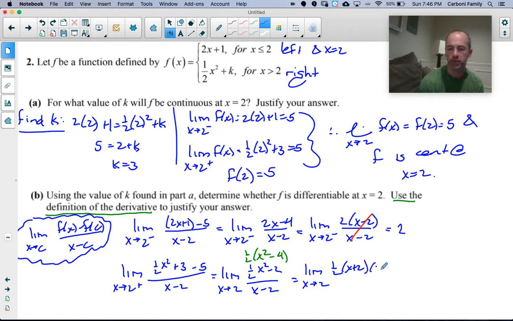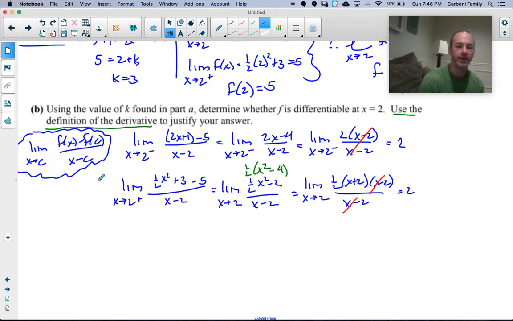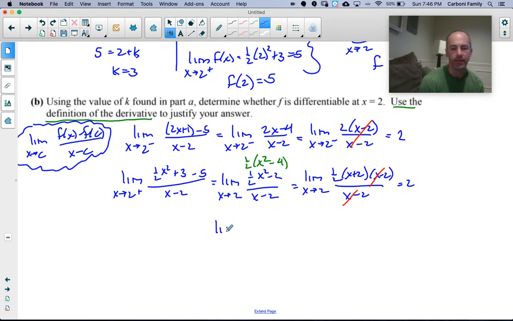So the limit as x approaches 2 of 1/2 times x plus 2, x minus 2, all over x minus 2. We'll cancel those x minus 2's. And now I can plug 2 in. Half of 2 plus 2 is 2. And now I can see that the limit as x approaches 2 from the left of f prime of x is equal to the limit as x approaches 2 from the right of f prime of x.